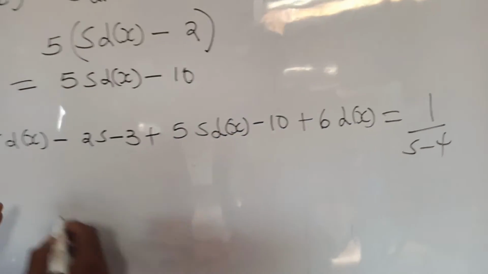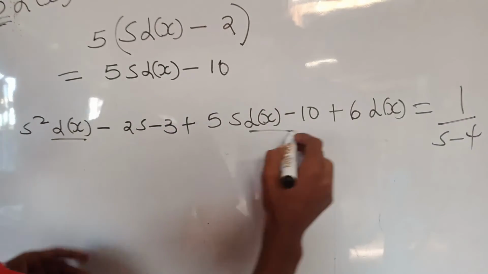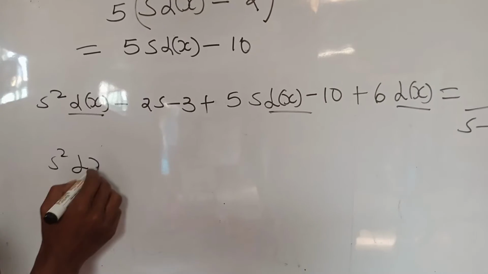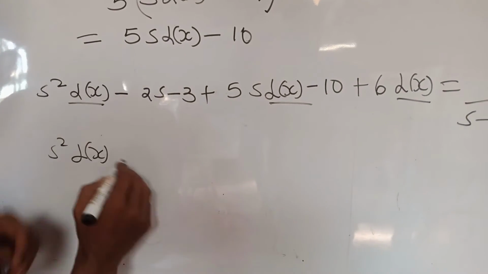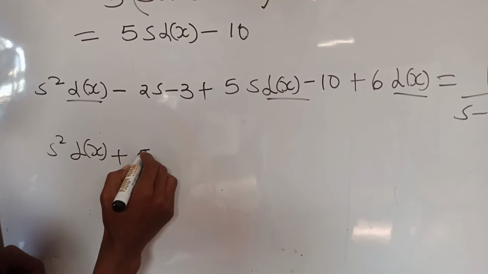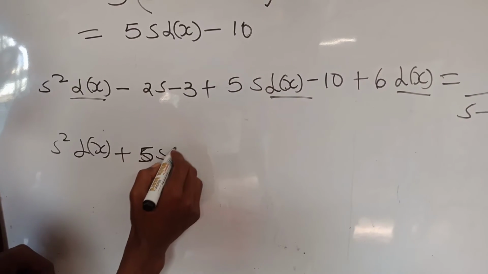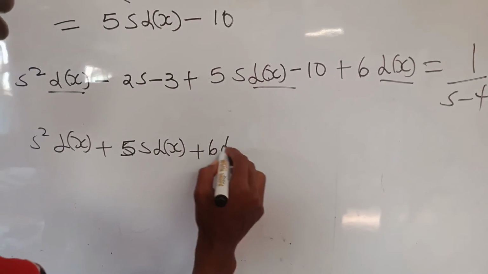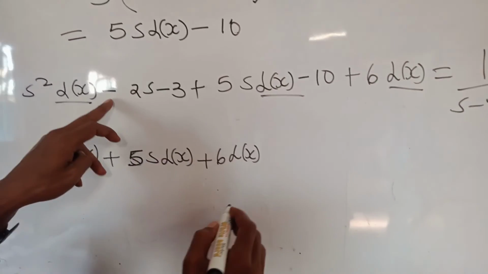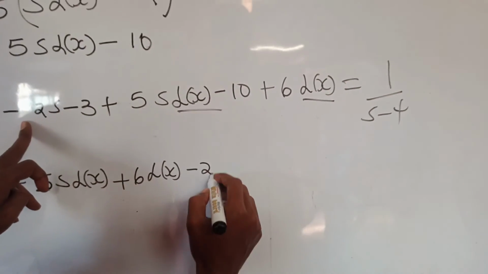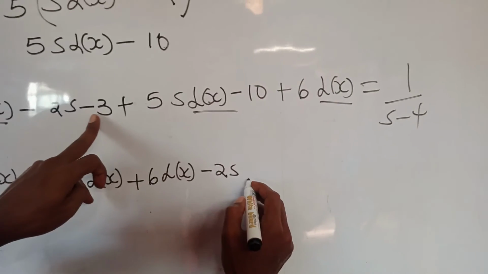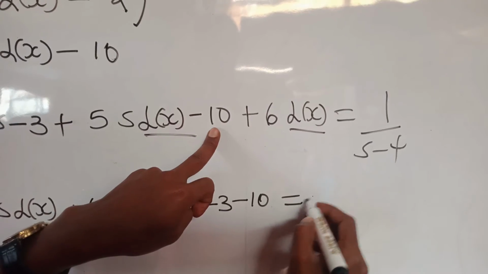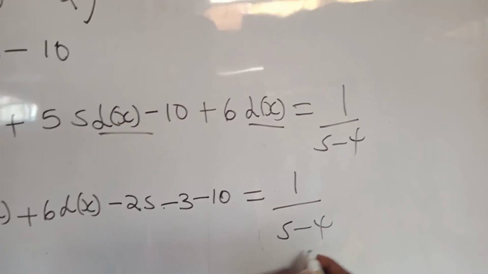So we combine like terms together with L of x. We can see they are repeating. So s squared L of x plus 5sL of x plus 6L of x minus 2s minus 3 minus 10 is equals to 1 over s minus 4.